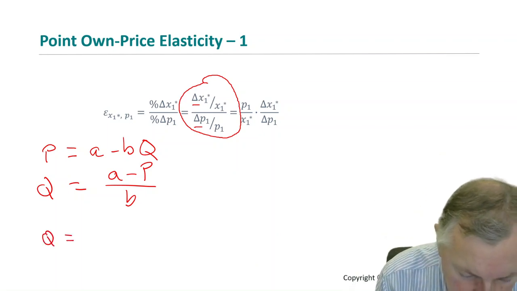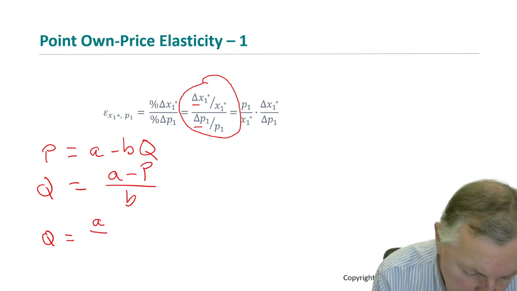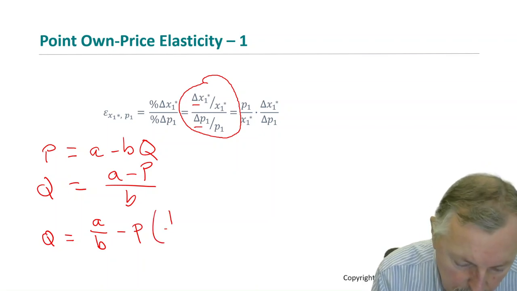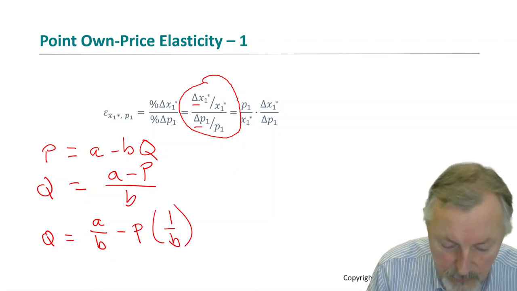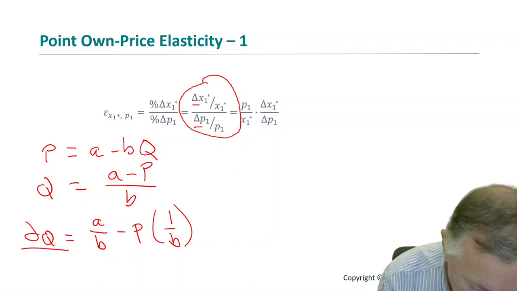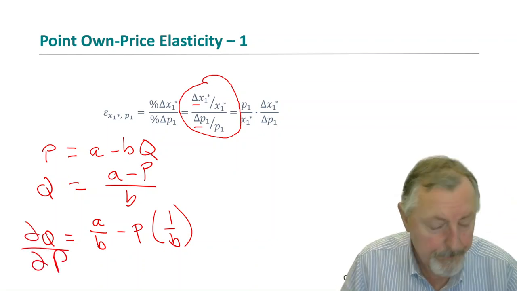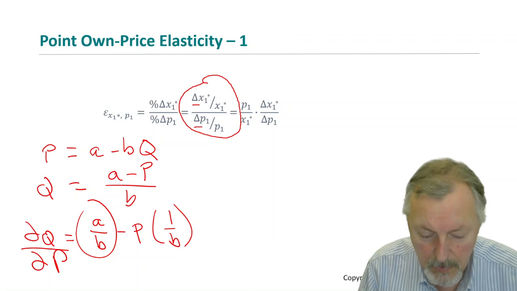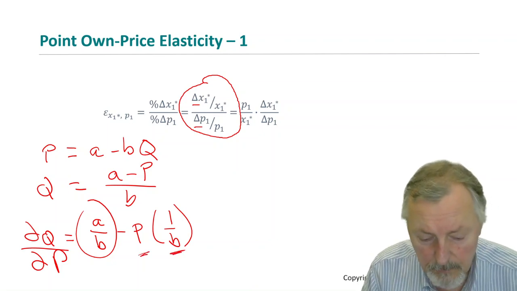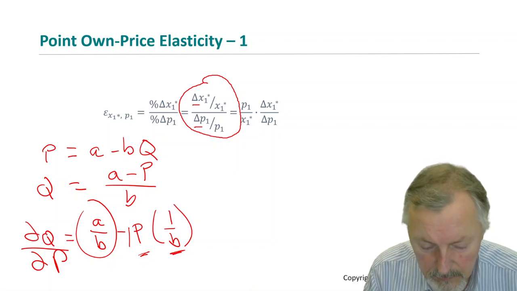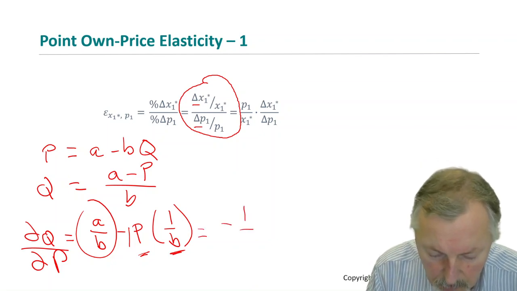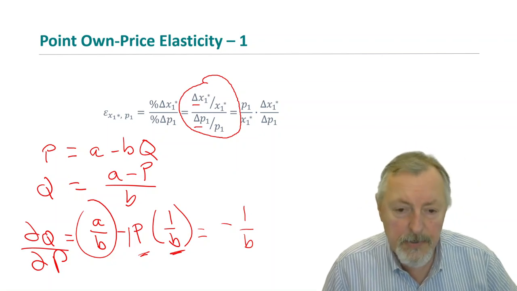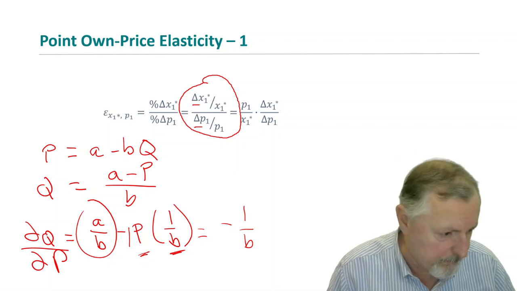This is the same as A over B, that's just some constant, minus P times 1 over B. The derivative of that with respect to price is, well, the derivative of a constant just goes away. This is a constant times the variable, and there's an implied -1 there. So the derivative is -1 over B. Okay, that is the formula for the slope of the demand curve at any arbitrary point.